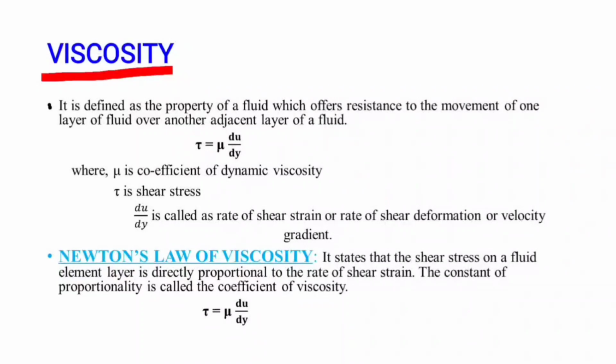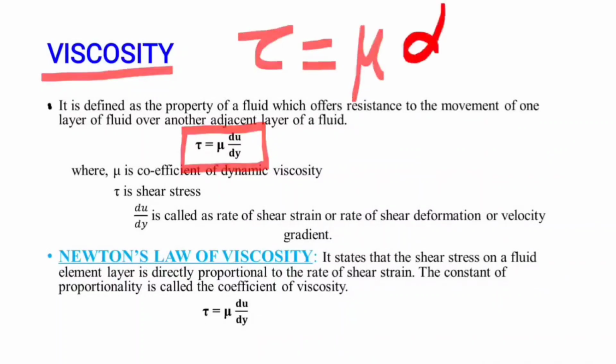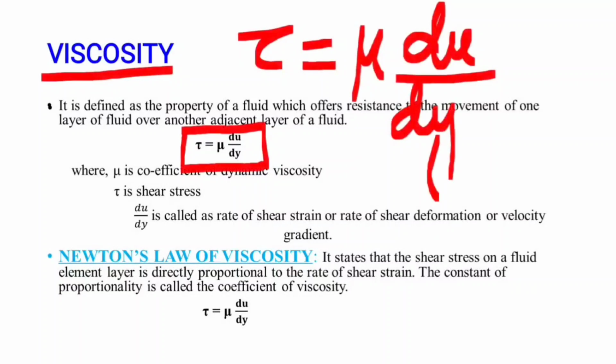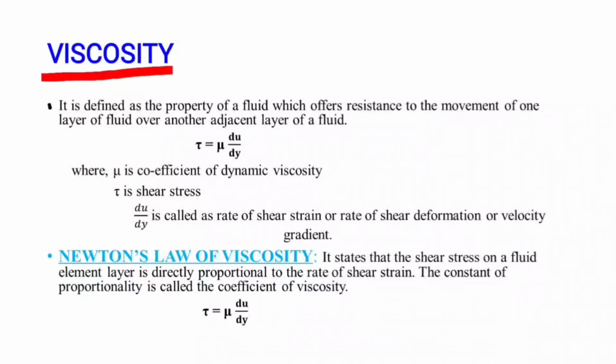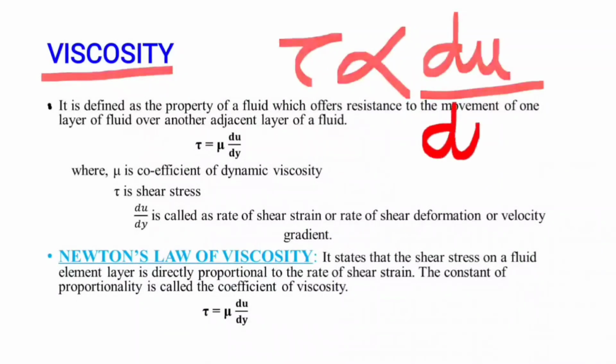The formula for this is tau is equal to mu du by dy. It is based on Newton's law of viscosity. It states that the shear stress, denoted by tau, is directly proportional to the rate of shear strain.